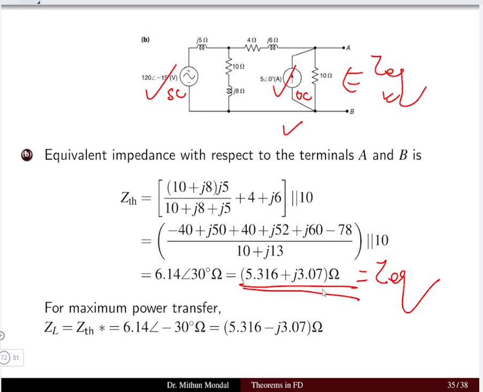The Thevenin impedance comes to be 5.316 plus j3.07 ohms. For maximum power transfer, the load impedance is the conjugate of the Thevenin impedance, so the positive sign becomes negative. We should put this impedance at the load terminal to get the maximum power transfer.